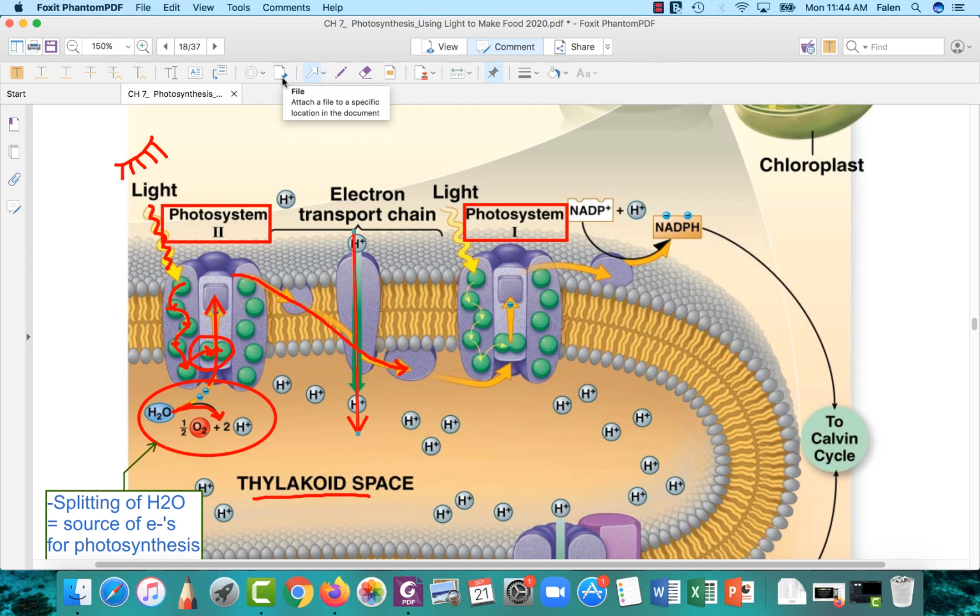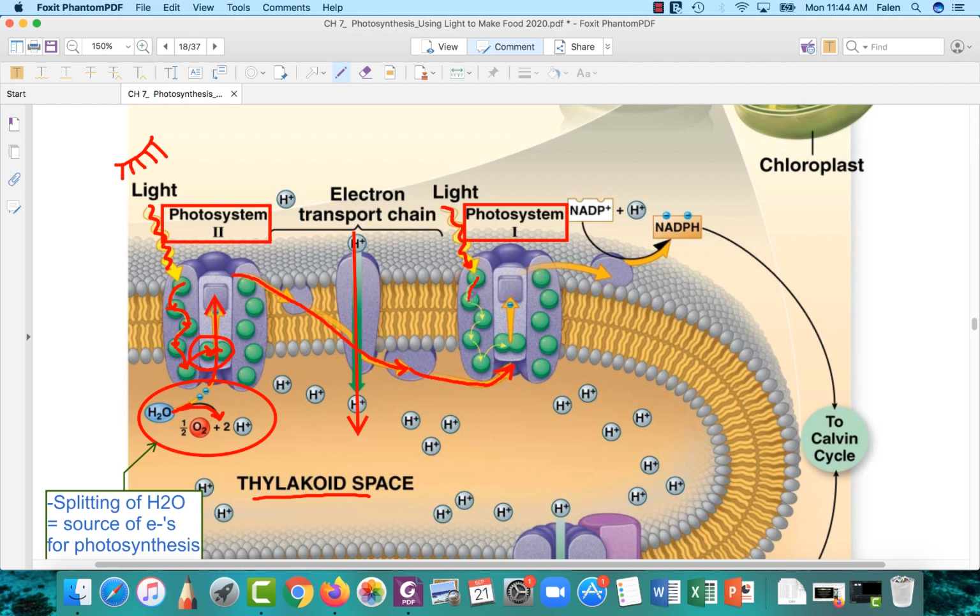Now, meanwhile, these electrons get passed from the electron transport chain to photosystem 1. And remember, photosystem 1 is still a photosystem. Therefore, it's still absorbing photons of light, just like photosystem 2.